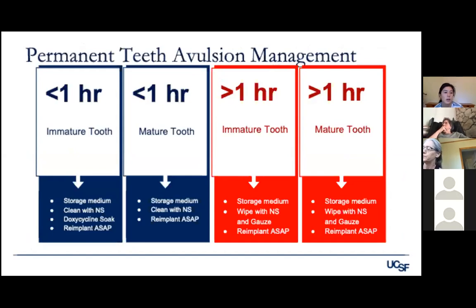So for your first question, that's more of a dentist-directed treatment. They've done studies and shown that if you have an immature tooth, and this is for permanent teeth only, a permanent tooth that's developing, so the root isn't fully formed, a lot of times before they reimplant it, they'll soak it in doxycycline because it helps the cells revitalize.